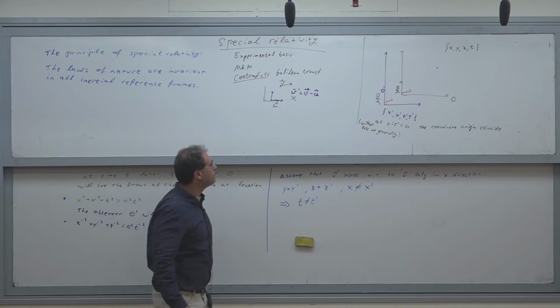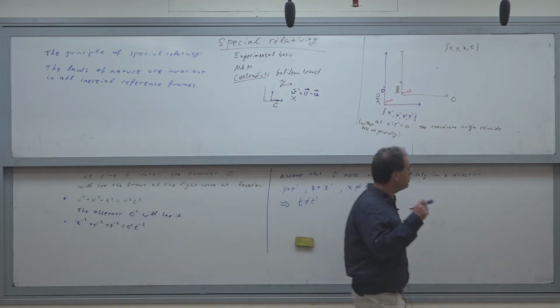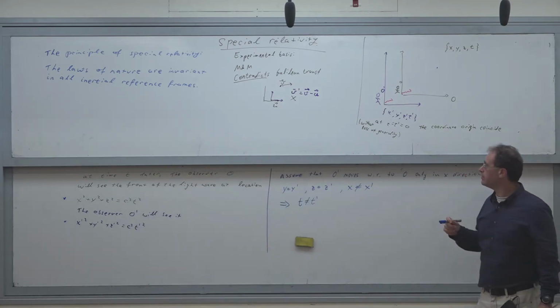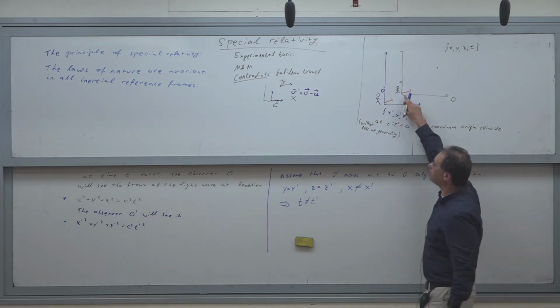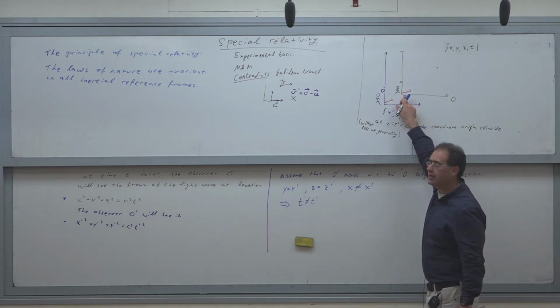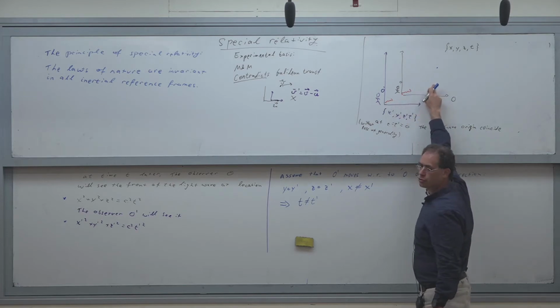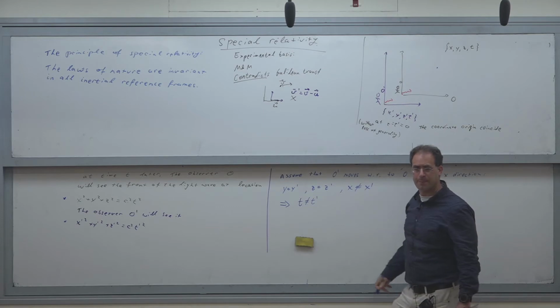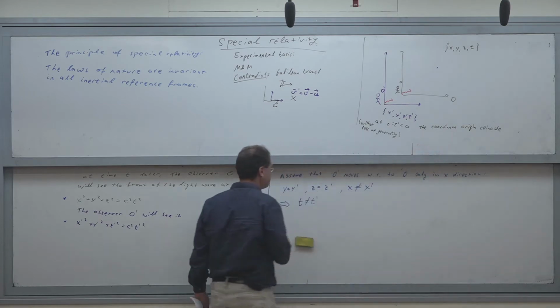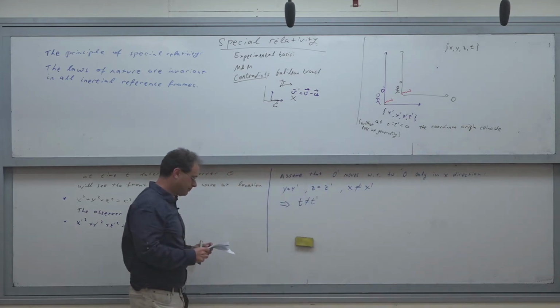Remember, what we really did here was a simple experiment. Think of two events. The first event was that a photon was emitted, and the second event was that the photon was absorbed, or detected. And we saw that they disagree on the time.